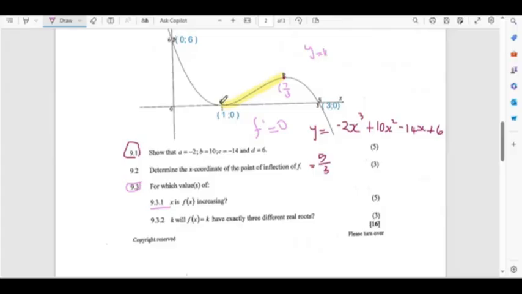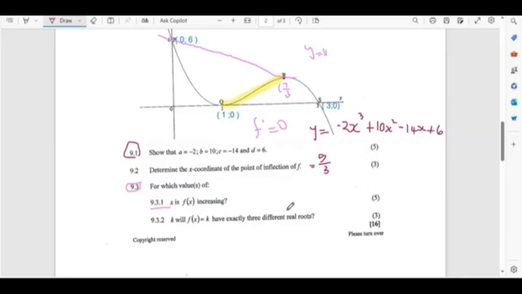We're given points P, Q, R, and S. Making reference to this graph, that line y equals k must pass through point P, and as you can see, point Q is under it, and it also passes through point R. So this line y equals k has 3 points under it: P, Q, as well as R. We're looking for values of k for which this f of x function will have exactly 3 different roots.